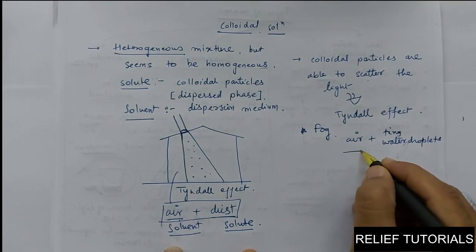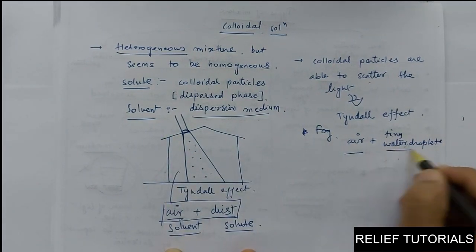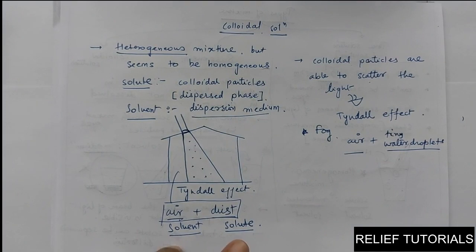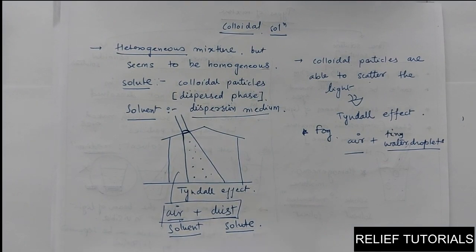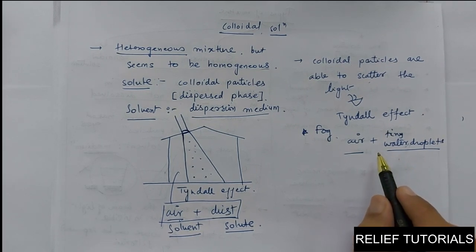So air behaves as dispersion medium, means solvent, and tiny water droplets behave as colloidal particles or the dispersed phase. These water droplets are not too small and not too big. So these water droplets are able to scatter the beam of light.